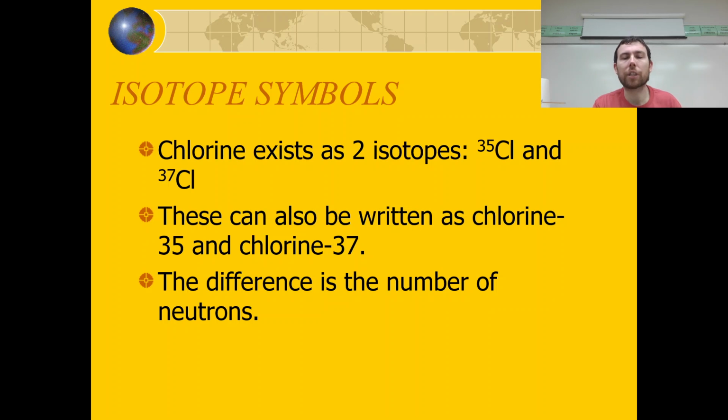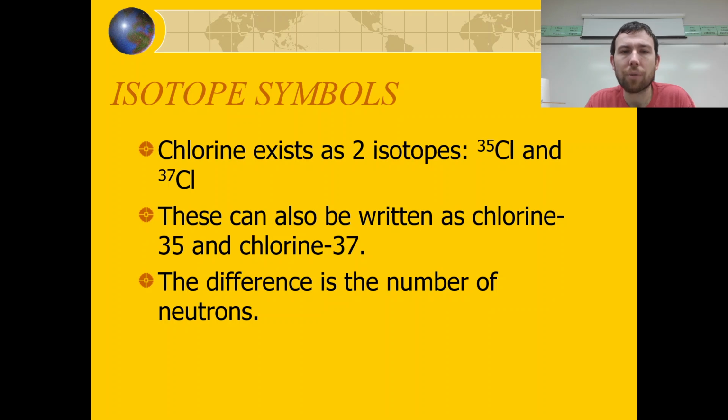And once you start to break down how many protons, neutrons, and electrons each of those isotopes has, the difference you would see between chlorine 35 and chlorine 37 would be the number of neutrons in the nucleus. Chlorine 35 has 17 protons, 17 electrons, and 18 neutrons. But chlorine 37 has 17 protons, 17 electrons, and 20 neutrons.